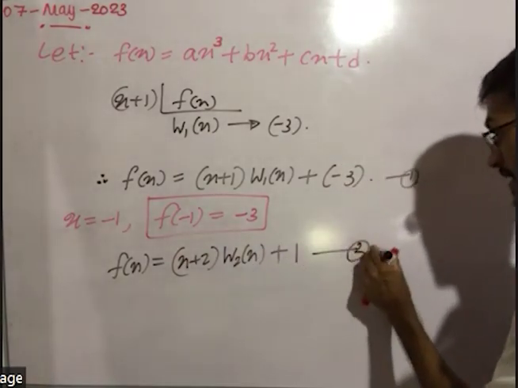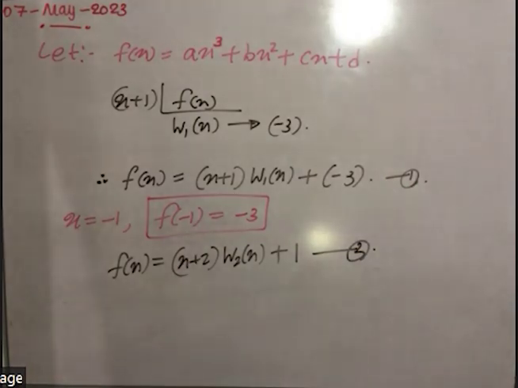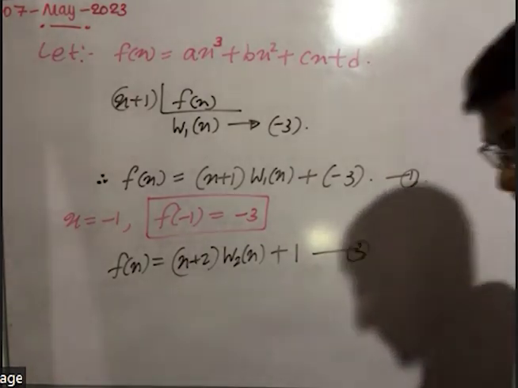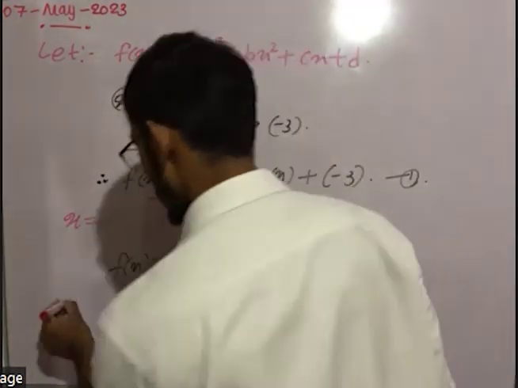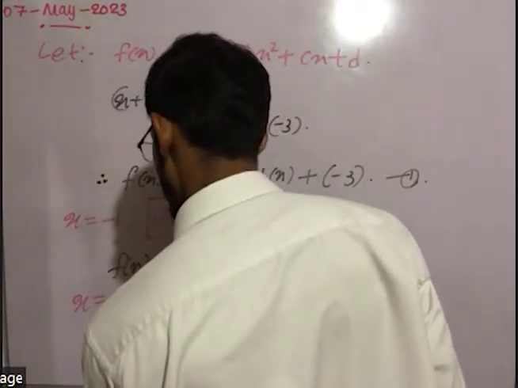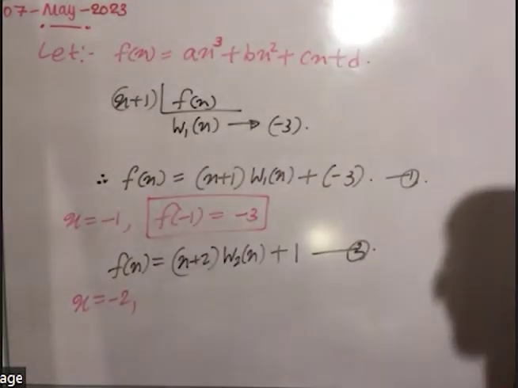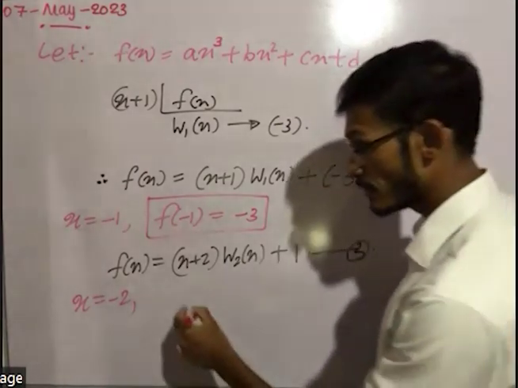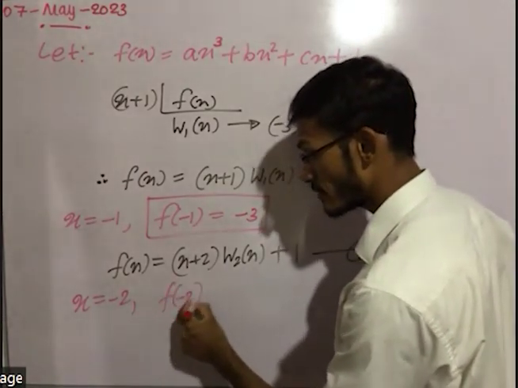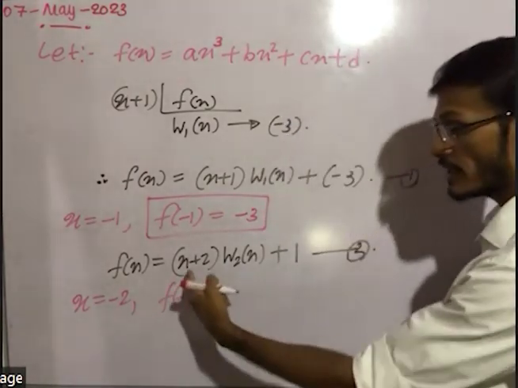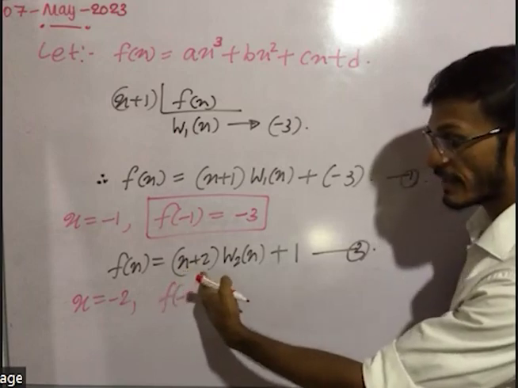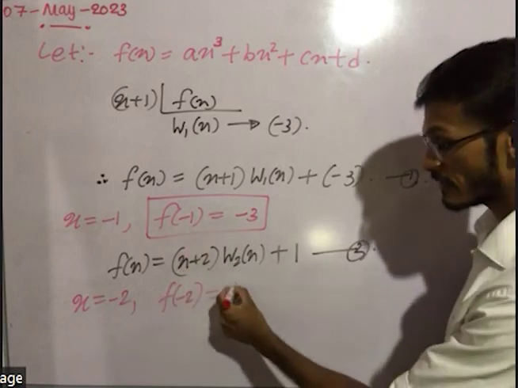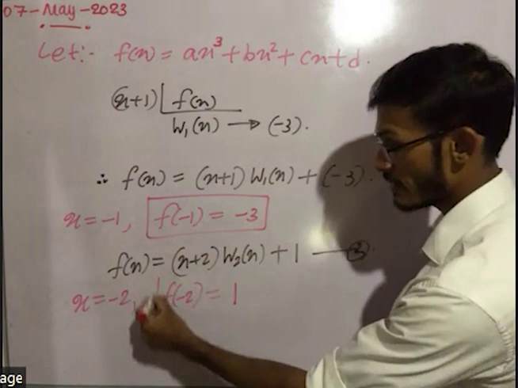So I will take this one as number 2, second equation, right? Now when x equal to minus 2, f(minus 2) will become, so minus 2 and plus 2 will become 0. This term will become 0. Now this is 1 plus 1, right?